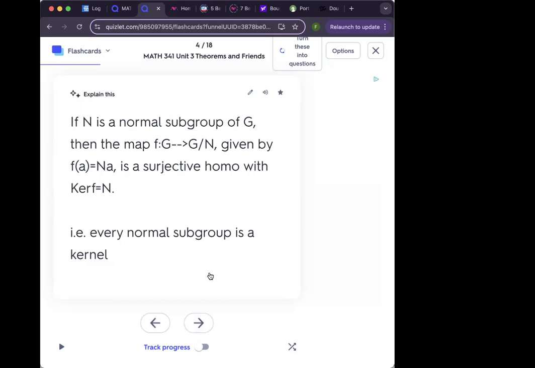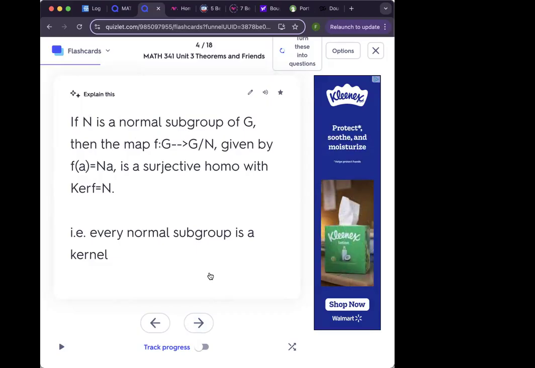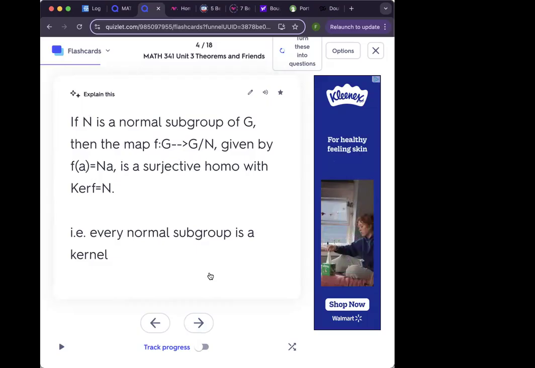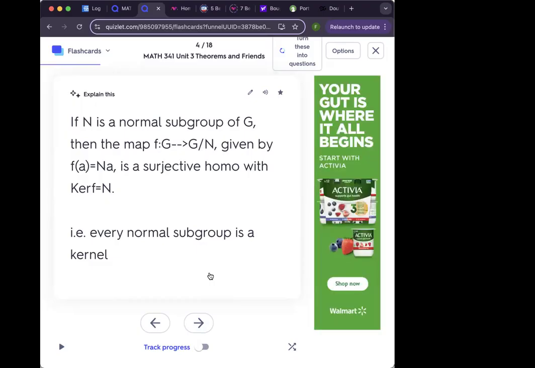So if N is a normal subgroup of G, then the map F of G to G mod N, given by F of A equals the coset NA, is a surjective homomorphism with kernel equaling N. So to sum up, that means that every normal subgroup is a kernel.